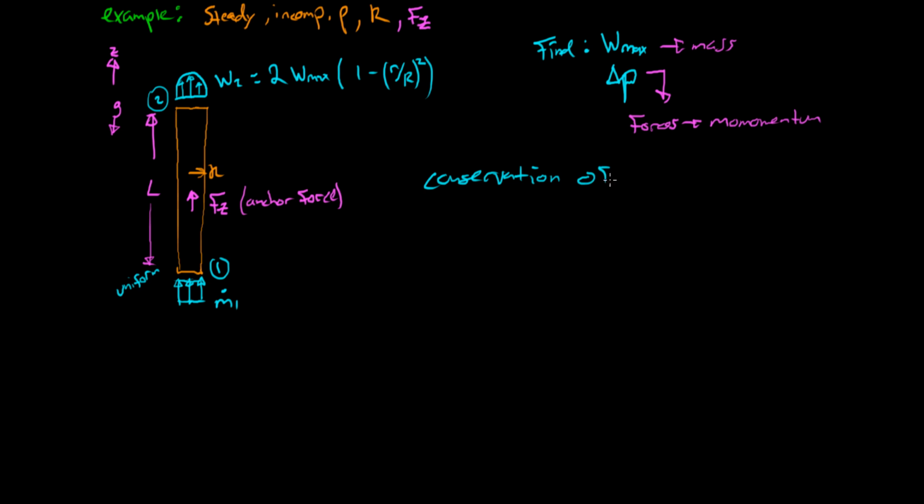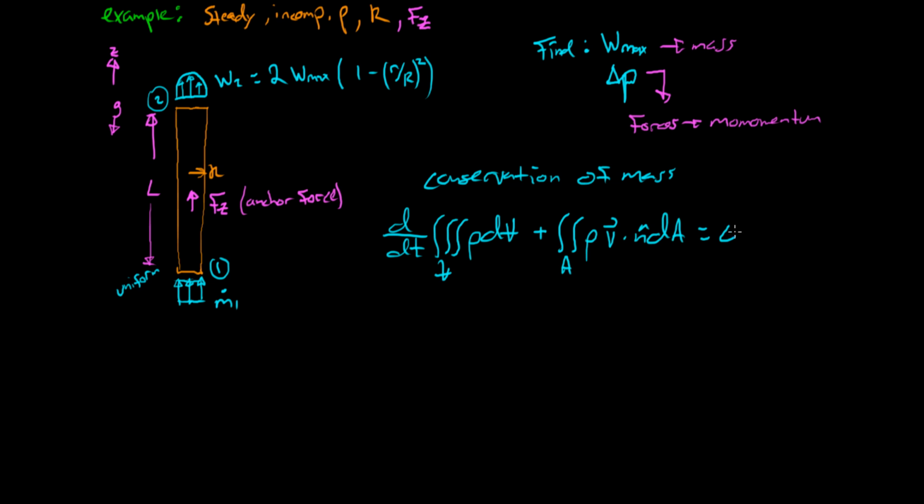Conservation of mass. And so we have d by dt integral over the volume of rho dV plus the integral over the area of rho v dot n dA equals 0.